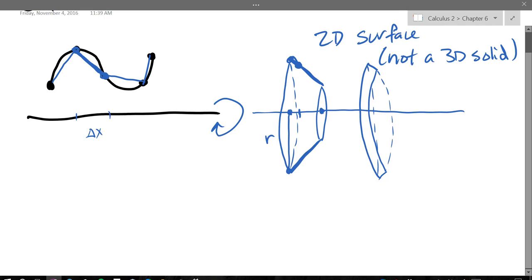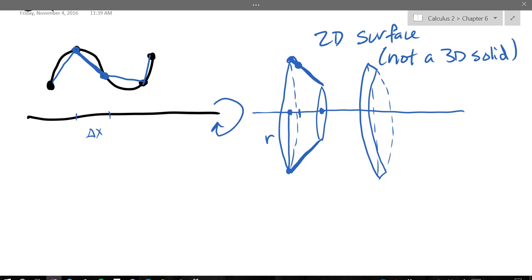Now, why did I choose the left side? Why did I not choose the right side? Because if I cut these up small enough, the left side and the right side are going to be pretty close. So if I cut this into 1,000 pieces, the left side and right side would be pretty close. Of course, I need to cut it not just into 1,000 pieces, but into an infinite number of infinitely small pieces.